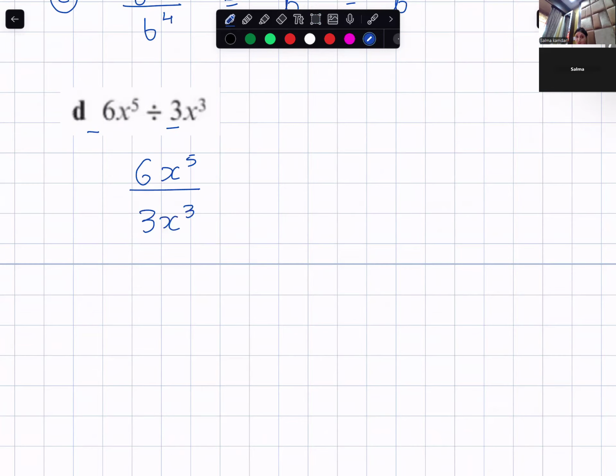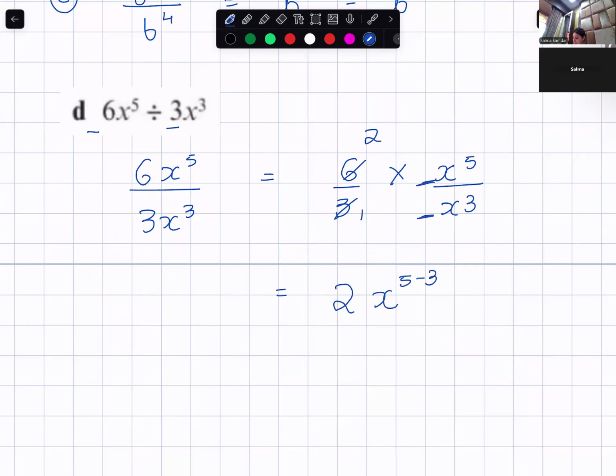Since the base is not the same, I will rewrite the expressions where I will split the numbers and I will split the x. So it will be 6 upon 3 multiplied by x to the 5 upon x cubed. So this becomes 3 ones are 3, 3 twos are 6, so 2. Base is the same. Division means subtraction. So it will become 5 minus 3. So it will become 2x squared.